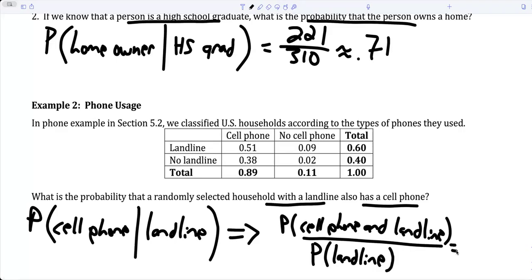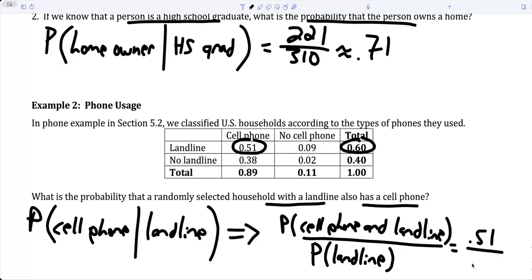And so we are going to look at the intersection, which is right there. The percentage that have a landline and a cell phone is 0.51. Divided by the probability of the landline. And so we're looking at the total that have a landline, which is right there.